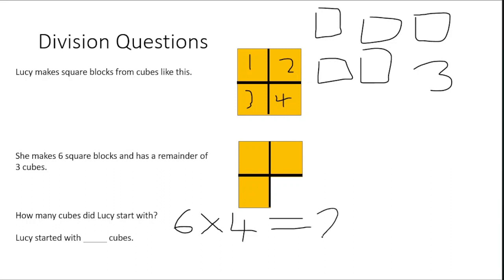In our 4 times table, 6 times 4 is 24. And then we have a remainder of 3 cubes left over as well. 24 plus 3 gives us our answer of 27. So Lucy started with 27 cubes. We knew there was 4 cubes in 1 square and 6 squares, so 6 times 4 gave us 24, plus our remainder of 3 gave us 27.